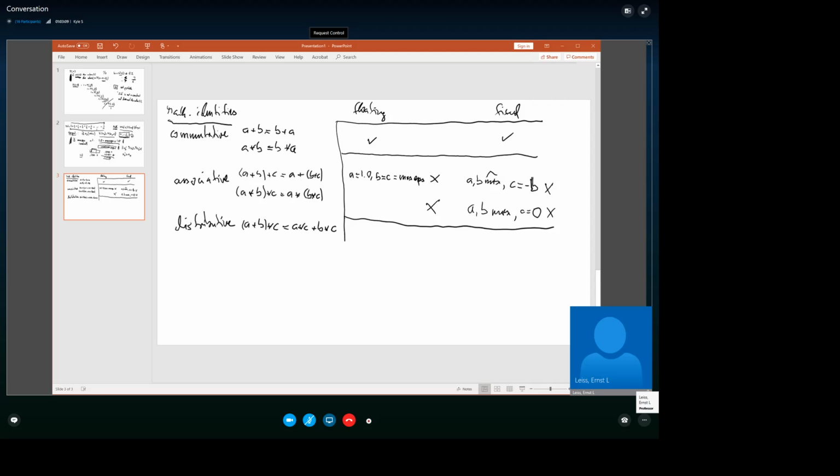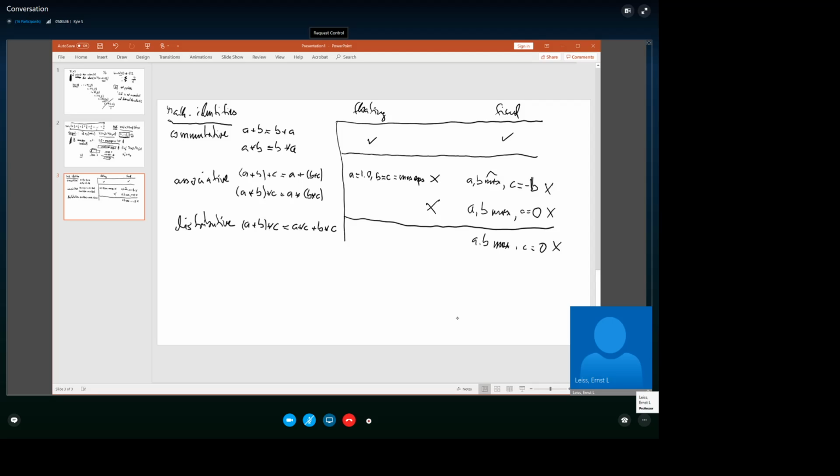And finally, distributive. We can do exactly the same thing. a and b maximal, and c is equal to 0. That will immediately give us the same situation because we get an exception, a plus b, and that gives us an exception.